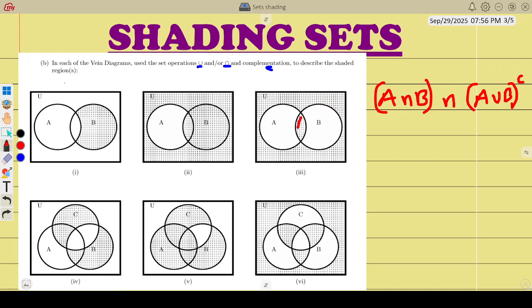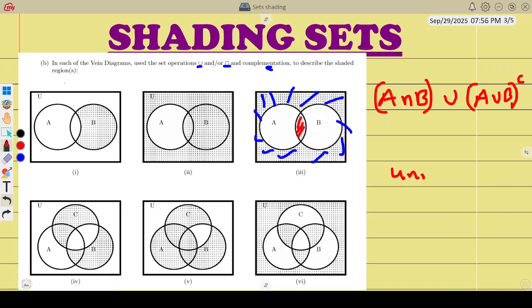It is in here, they have shaded, and then A union B, things outside of A and B. So you can see the two colors are not meeting, so this should not be intersection. We put union to show that we're just combining.